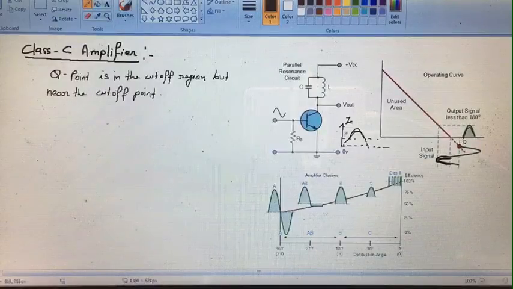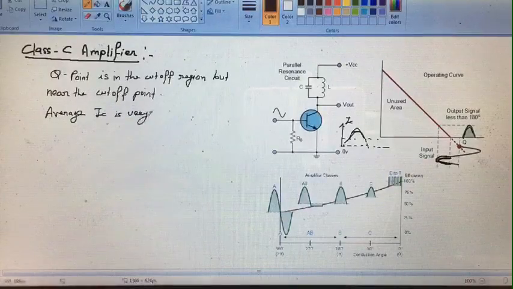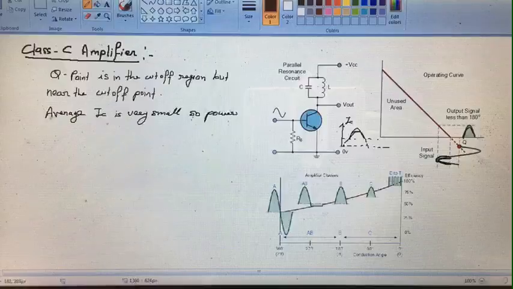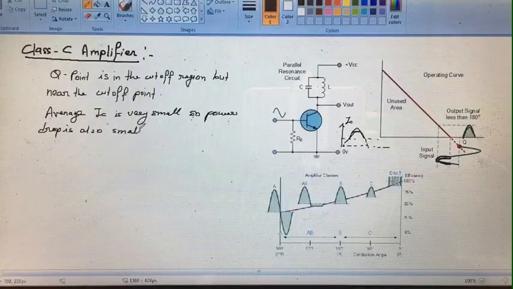Collector current will flow for less than 0 to pi. So average collector current IC is very small. So power drop is also small.